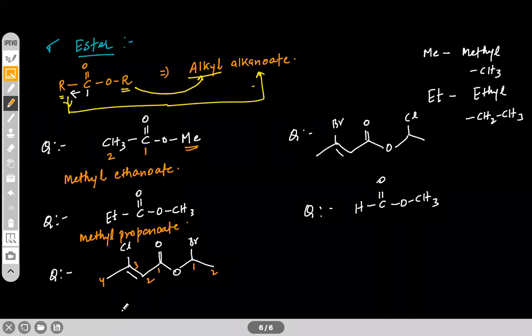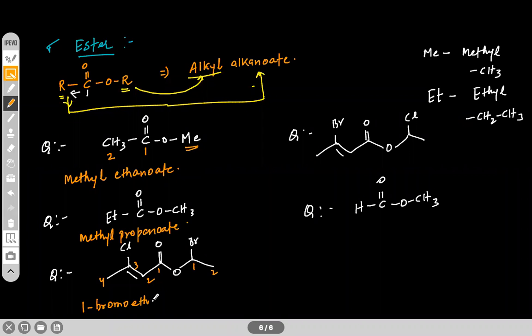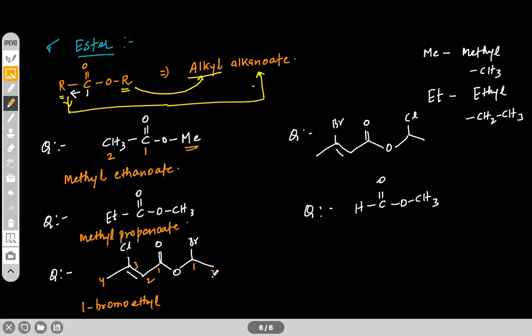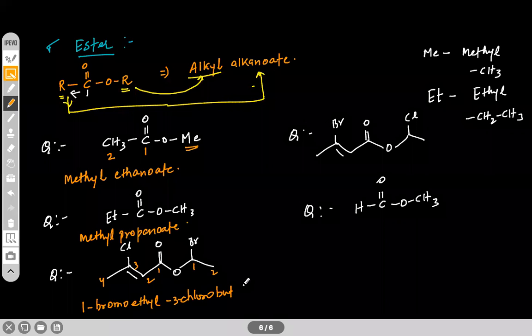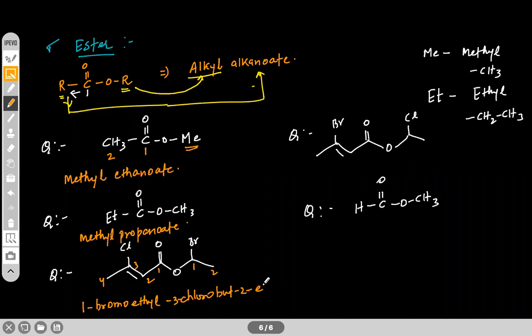So we'll write here 1-bromoethyl, which is this part, 1-bromoethyl, and this is 3-chloro but-2-enoate.